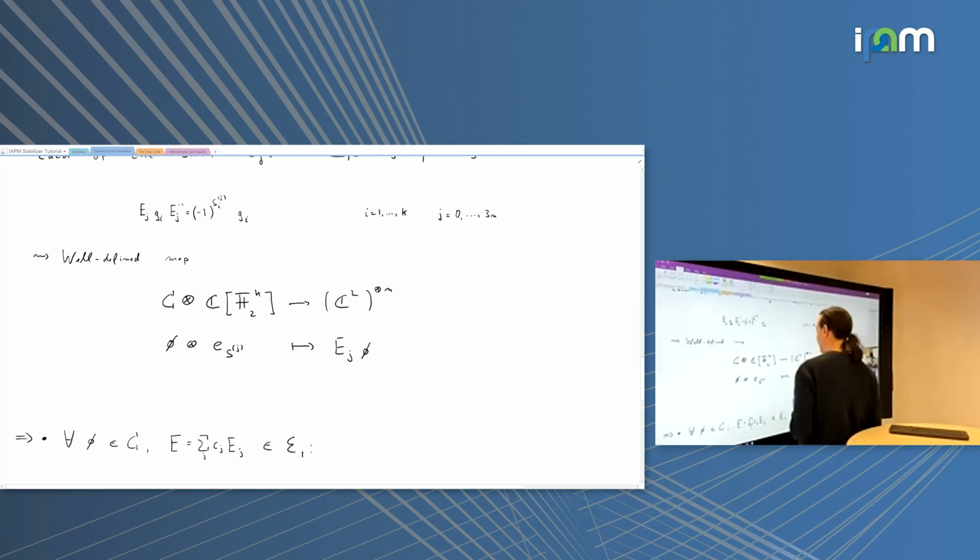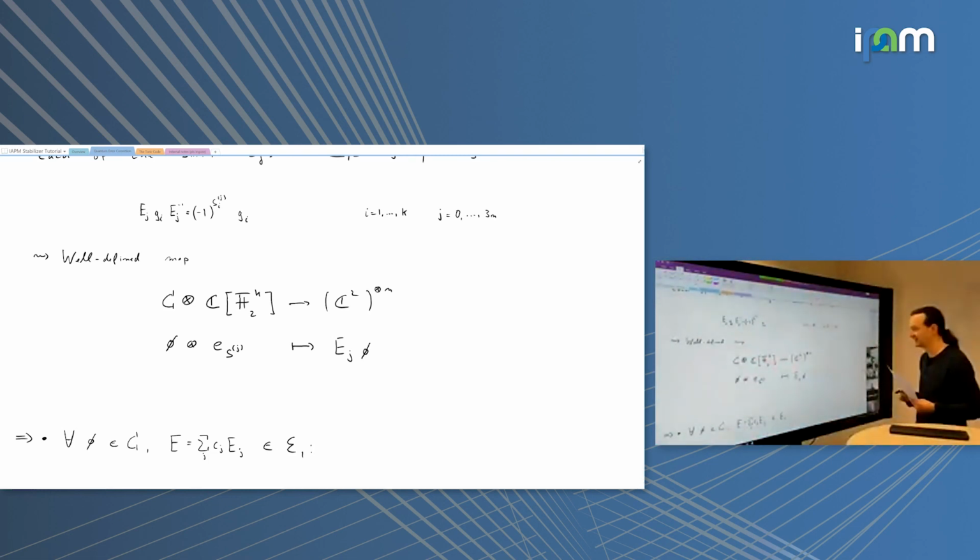So that's it. This is an invertible linear map.